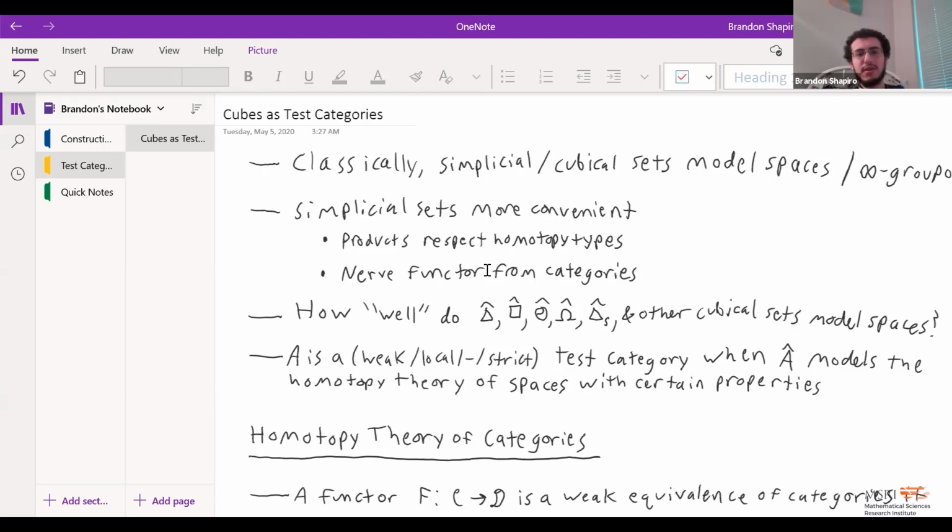And so other categories which arise from a similar construction may have the same thing. And perhaps, back to conjecturing, test categories could be phrased from that perspective as categories that admit a nerve functor, like the I that I wrote down before, which preserves all of the important structure on Cat, even when it's not going to simplicial sets, which is in a sense the canonical choice.